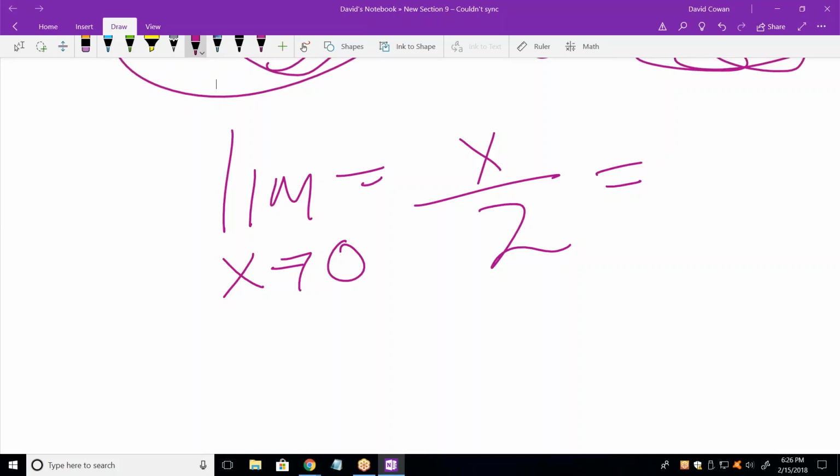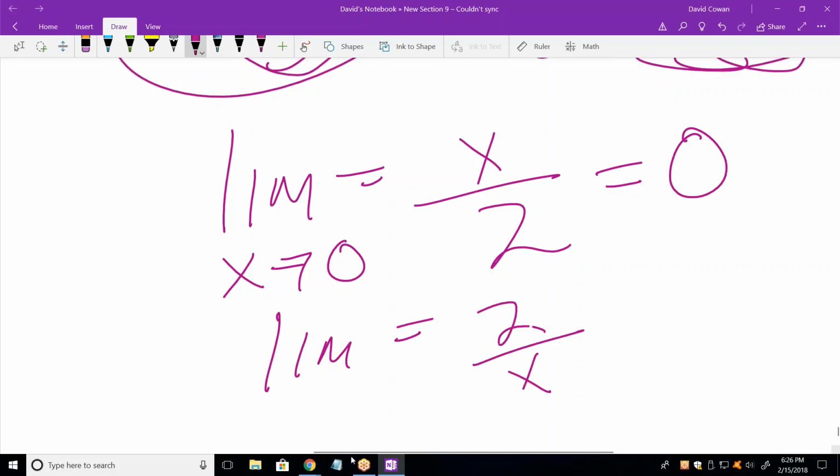That's 0 over 2, which is 0. Okay, so if the numerator goes to 0 and the denominator is any number whatsoever, it goes to 0. Now, what's this? That does not exist. Exactly, undefined.